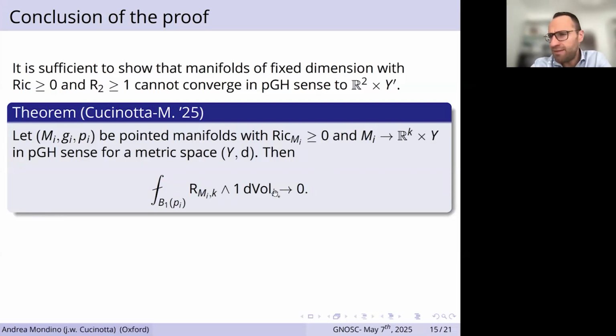Okay, so that's intuitive. Why? Because the fact that the Ricci is non-negative is saying that all the eigenvalues of the Ricci are non-negative. So this guy here from below cannot go below 0.